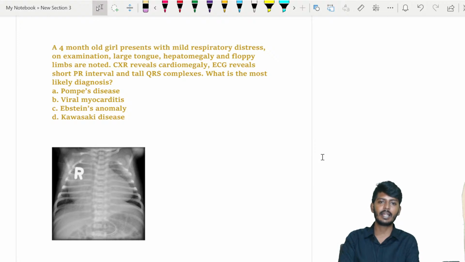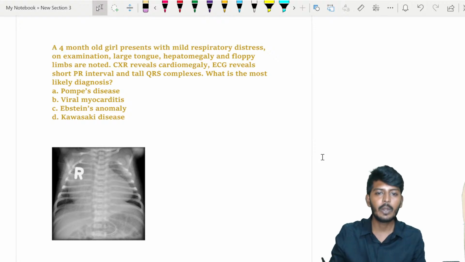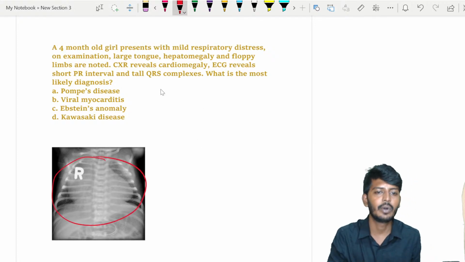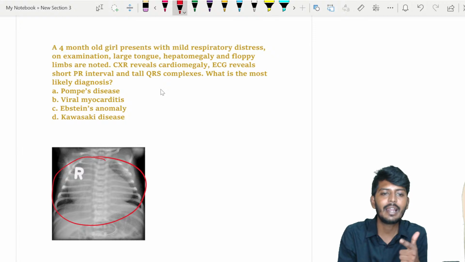What is the most likely diagnosis? So the child has hepatomegaly, floppy limbs, respiratory distress, and chest X-ray shows cardiomegaly, like in this image. The options are Pompe's disease, viral myocarditis, Ebstein anomaly, and Kawasaki disease.